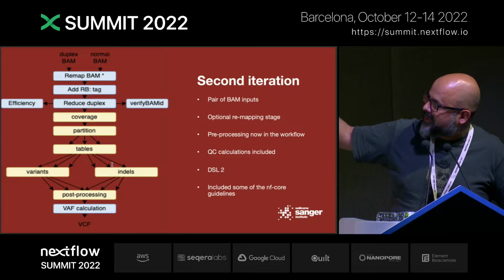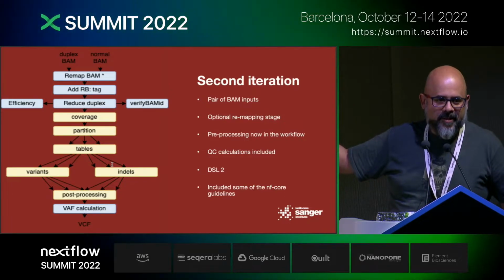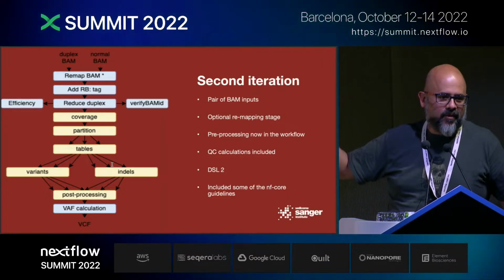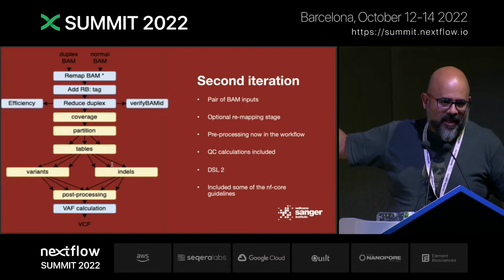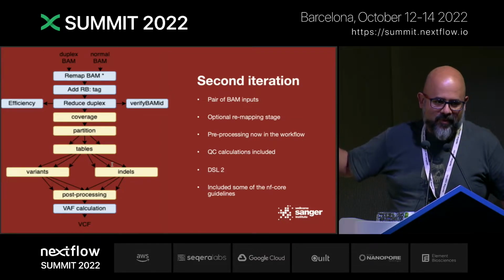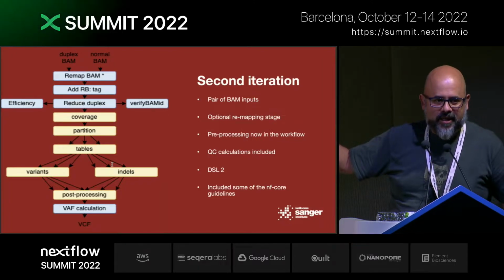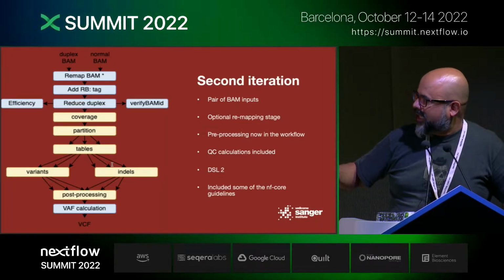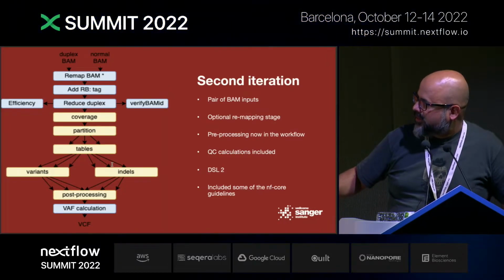So now I have steps where I can remap the experiment, because maybe they want to change the reference, say from GRCh37 to 38, and then do the tag processing that is required for the experiment, plus a couple of quality control steps in the workflow. And at the end, I also added some other post-processing calculations.